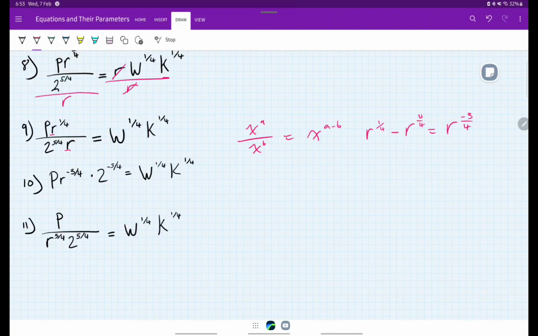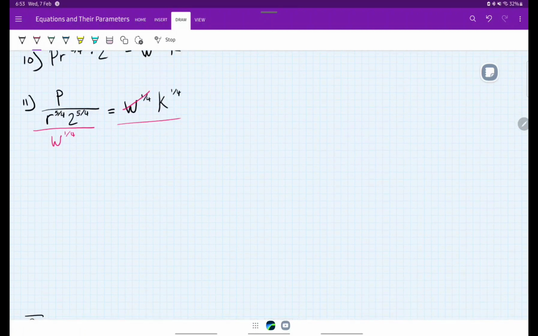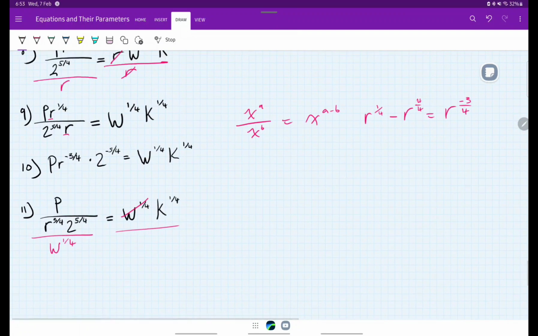And again, continuing to isolate k, w is gone. I won't show that. That is essentially exactly what we just did.